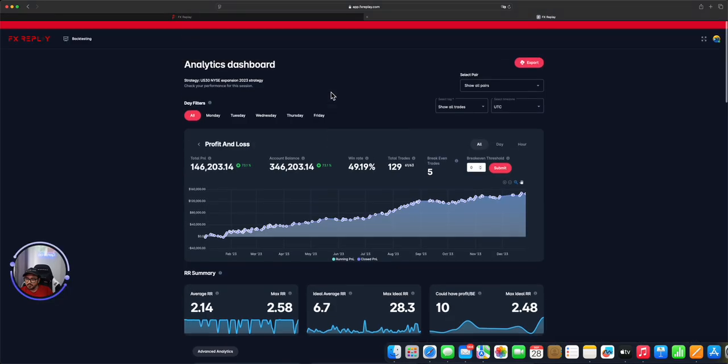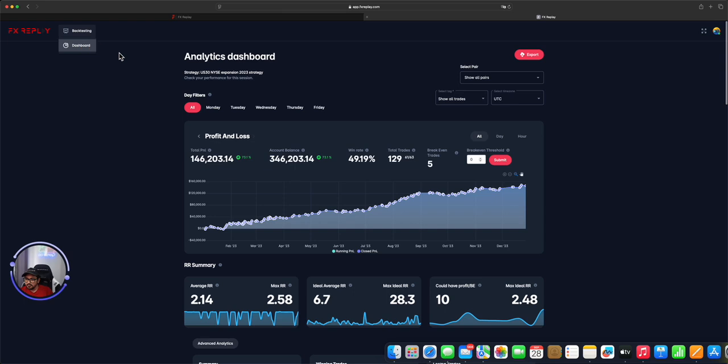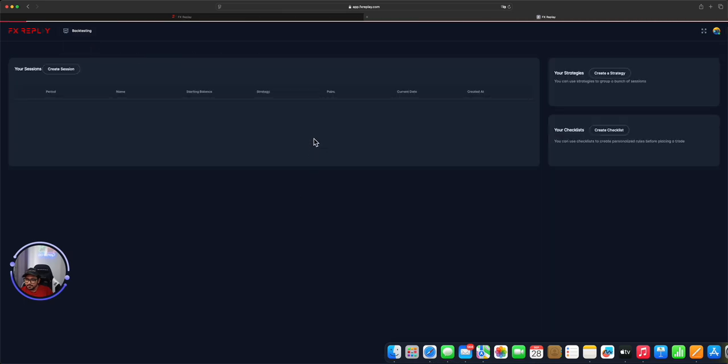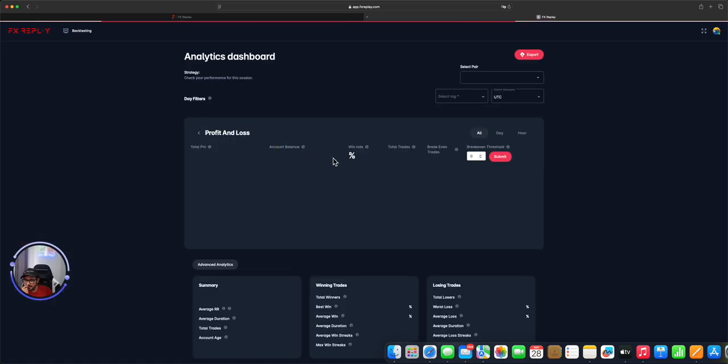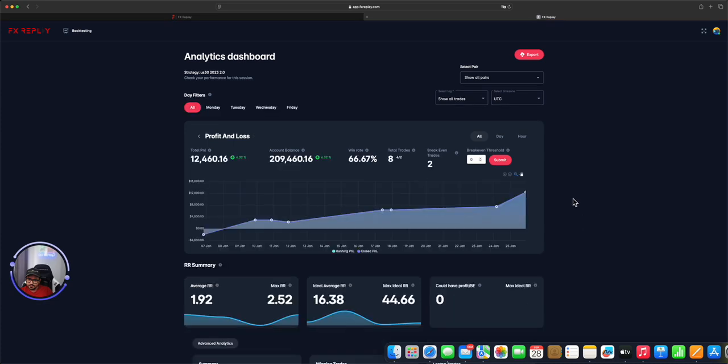Let's go and look at the results, how they look on US30. Just this one. We look at the analytics. So it's a 6% return per month with a 66% win rate, and we had taken 8 trades.